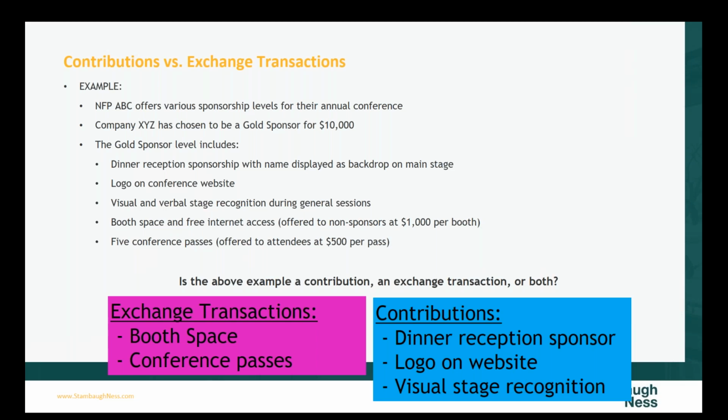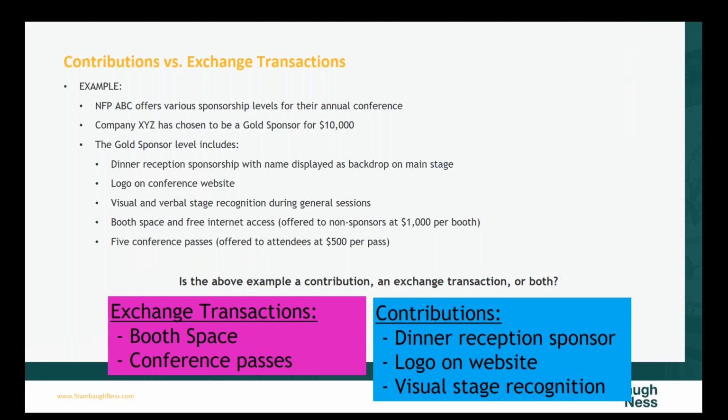So those 3 items are considered contributions, but the other 2 pieces are considered exchange transactions based on this definition. So you have one kind of transaction, company XYZ saying, hey, I want to be a gold sponsor of your event for $10,000, and now we have to look at it in 2 pieces. This is really the first step, or maybe we'll say our planning phase, of going through this standard: identifying our revenue streams as an entity.